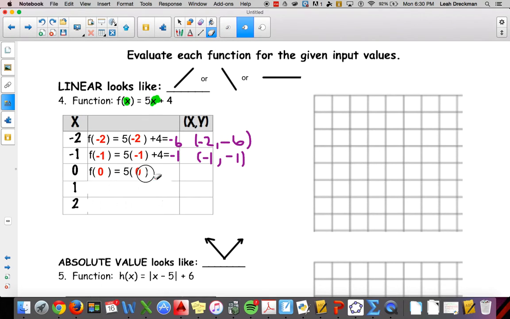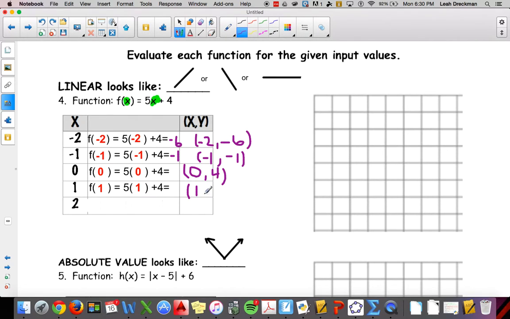With 0, 5 times 0 is 0, plus 4 is 4. So an input of 0 gives us an output of 4. With 1, 5 times 1 is 5, plus 4 is 9. So an input of 1 gives us an output of 9.